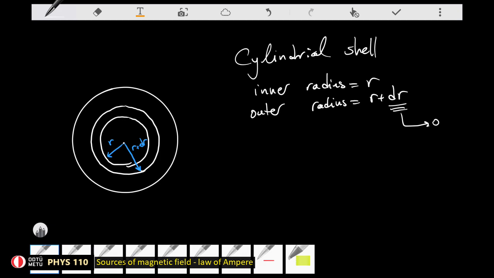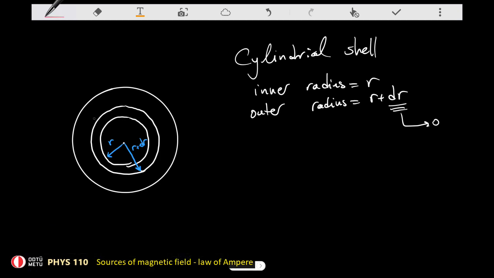So let me use a different color like red in here to show the area. This is the cross-sectional area of that cylindrical shell. That area in here, I'm going to show with dA. That area is equal to the area of that ring. We have also discussed how to compute this. There's a very simple geometrical way of writing this down.